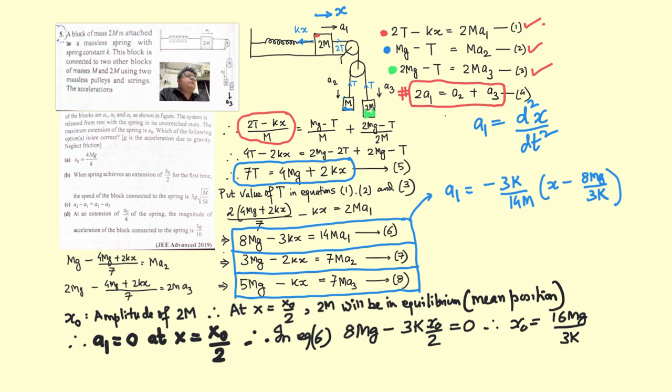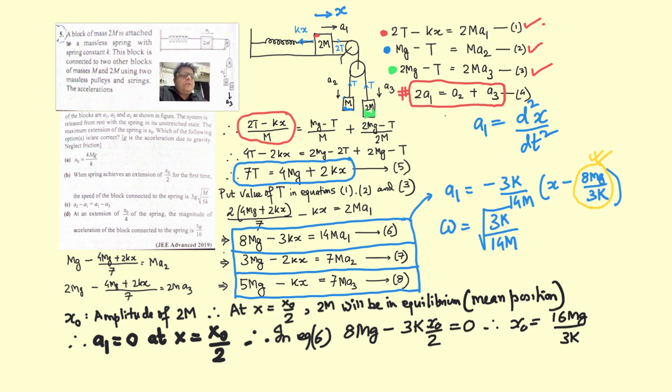So get this. That means the angular frequency of this oscillation is root over 3k by 14m, that's for sure, because x equal to 0 is not the mean position, and the axis is shifted, that's why.